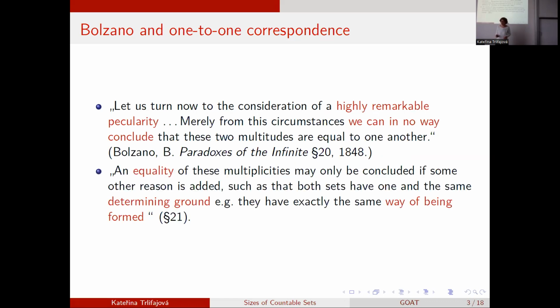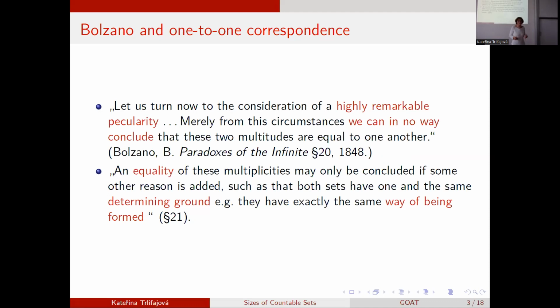And he continues, an equality of these multiplicities may only be concluded if some other reason is added, such as that both sets have one and the same determining ground, or the same way of being formed.